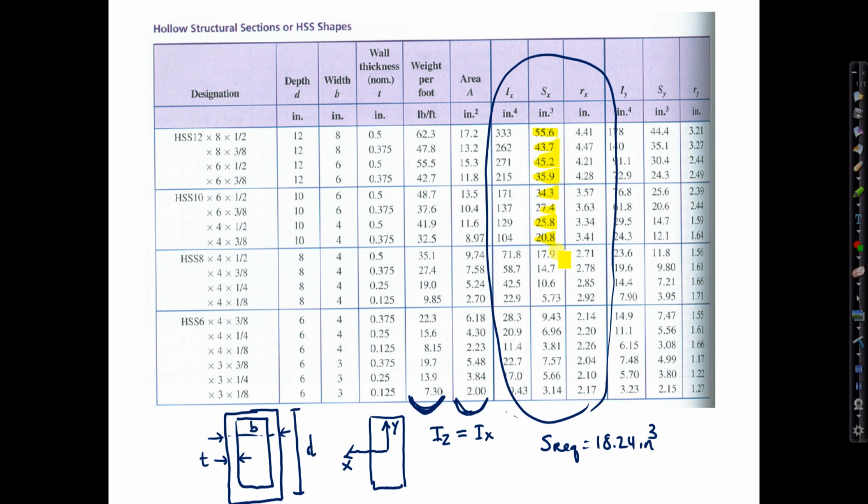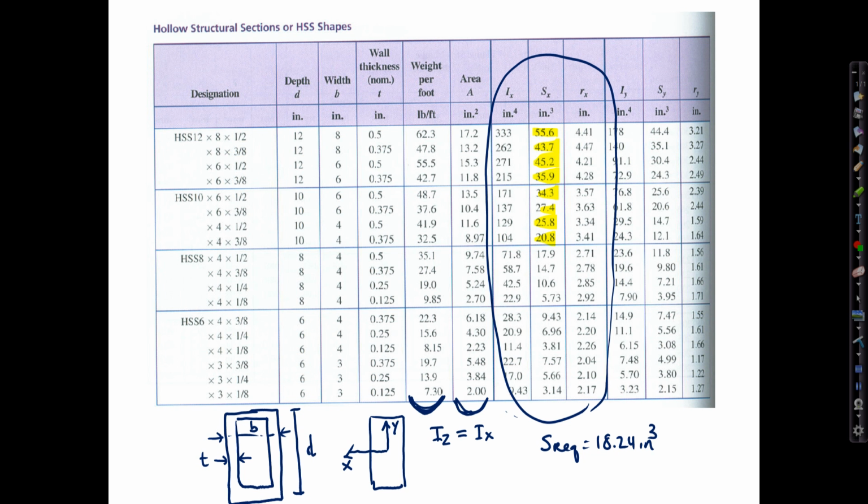However, moving further down the chart, we see that the next few do not work because their S values are lower than the required S. So in terms of acceptable sections, any in the first two. Now, the ones that are more economical are going to be the ones that are lighter.